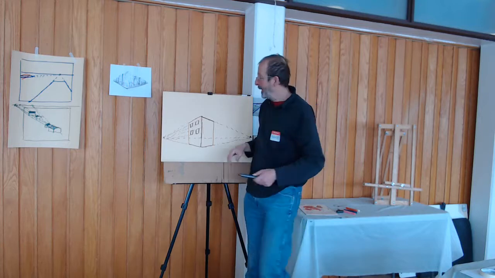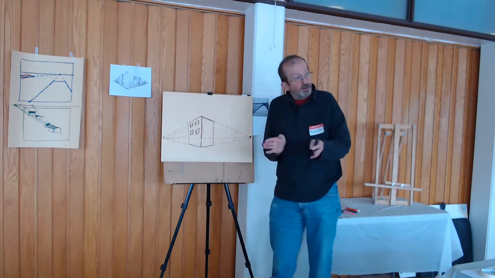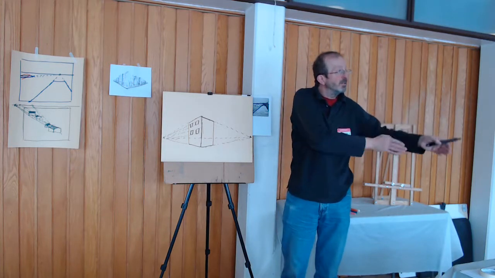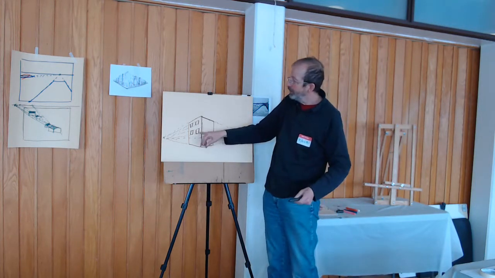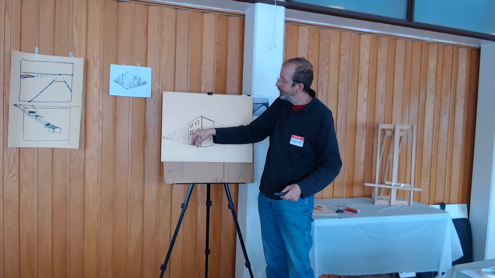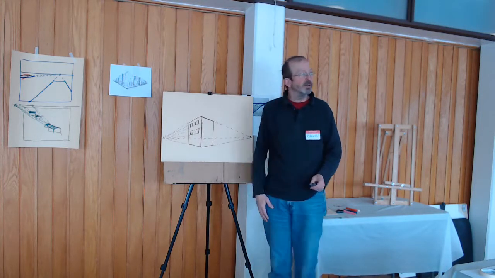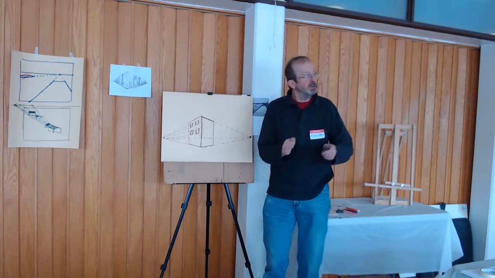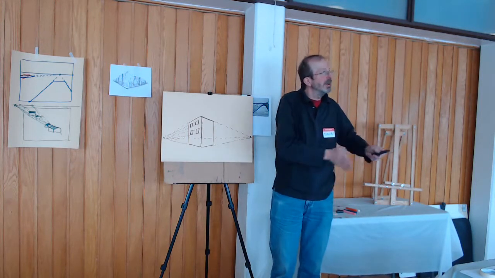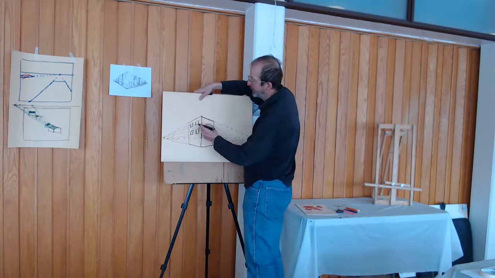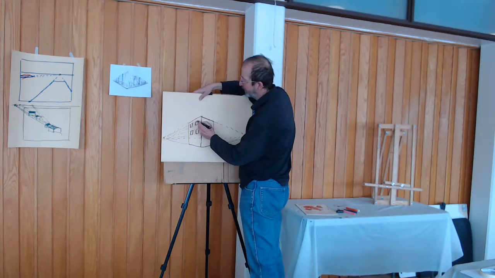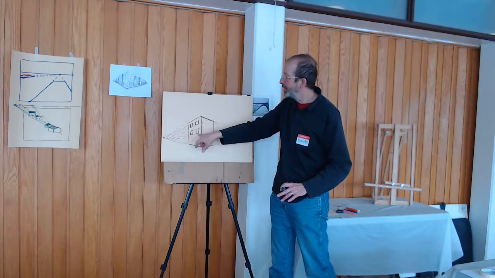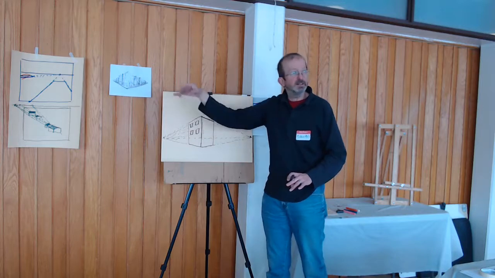So as things go further away, they bunch up and get smaller, because they're further away from you. So whatever you do, make sure that this window looks a bit smaller than this window. And if there were a row of windows, then they would compress as you go further away. But in the way I'm doing it, I don't have to get too worried about it. I just make sure I give the impression that the spacing is more tightly packed the further away it is.